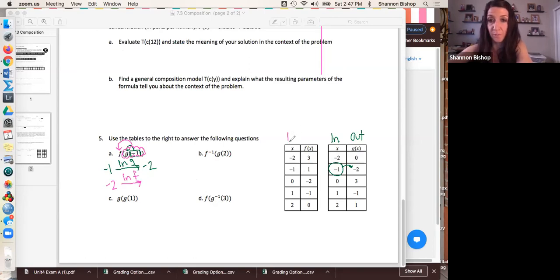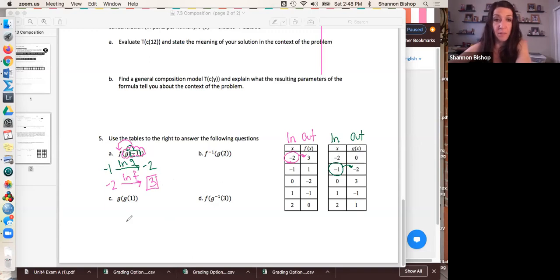This one, inputs and outputs. And once again, you're looking to plug -2 into the function named f. So -2 for the input is right here, and so the answer is 3. So the final answer is 3.